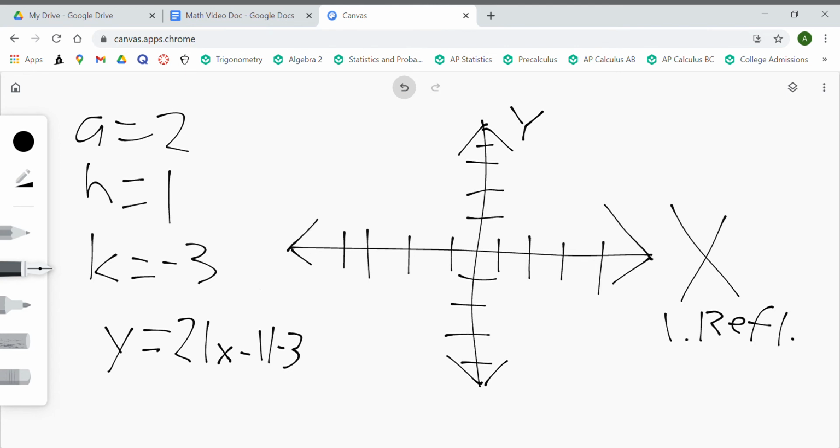If you have a reflection, get that done out of the way first. Second, any stretches and shrinks that you have on the graph. And third, translations.